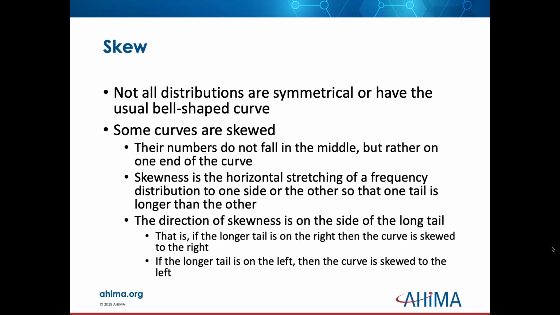So if the longer tail is on the right, then the curve is skewed to the right. If the longer tail is on the left, then the curve is skewed to the left. And they show you examples of a normal distribution, which is a bell curve, versus different examples of curves skewed one way or another versus being bimodal or multimodal. This is all on pages 186 and 187 in your book.